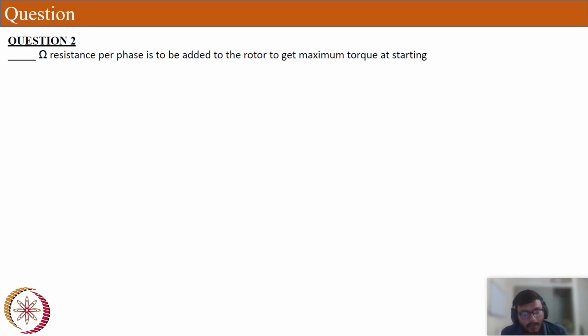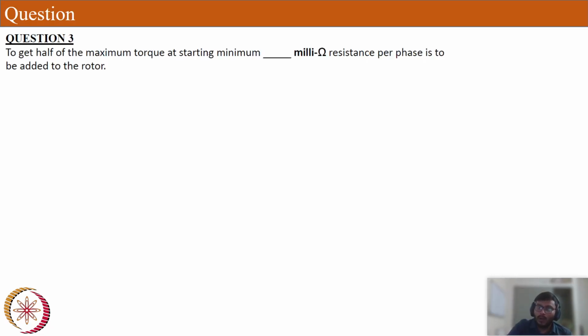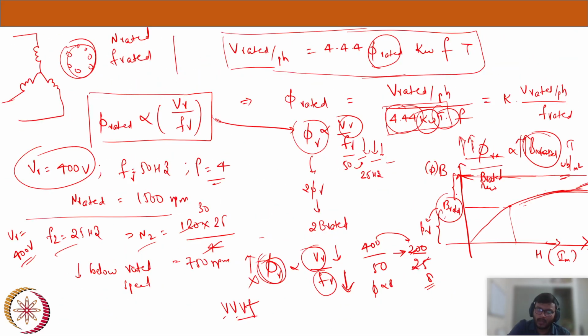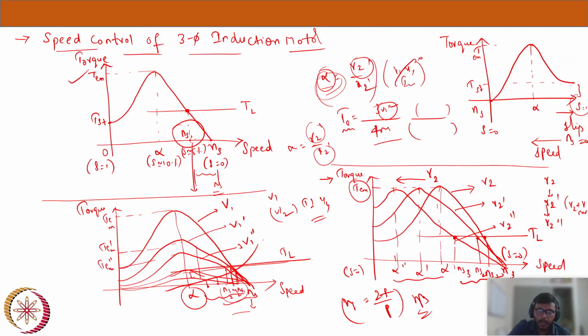Now question number 2 is how much resistance per phase needs to be added to the rotor to get maximum torque at the starting itself. We have discussed this kind of question today also. I will just go back to the curve where we discussed. In this particular diagram, this is for R2.